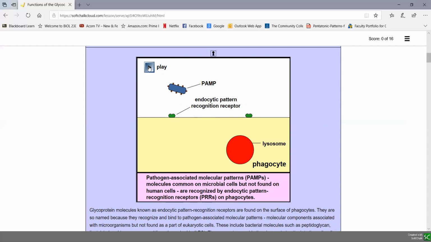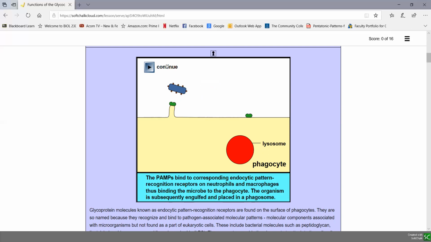So in this case, the endocytic pattern recognition receptors fit the PAMPs. As pseudopods go out, the endocytic pattern recognition receptor binds to the PAMP, retracts, and attaches the bacterium to the cytoplasmic membrane of the phagocyte. And again, the organism has to be attached to the phagocyte before it can be pulled in.